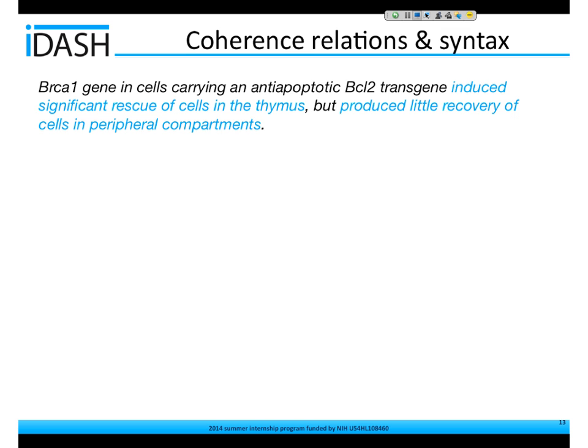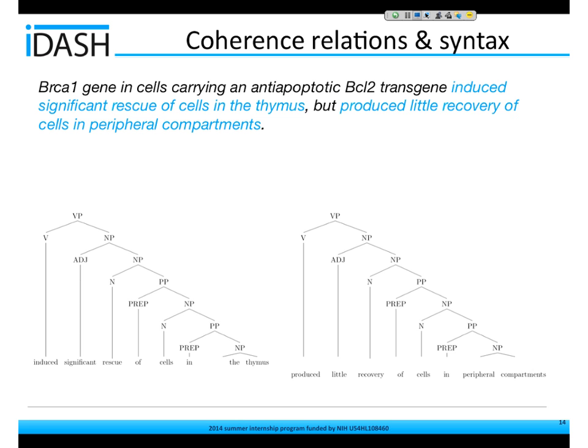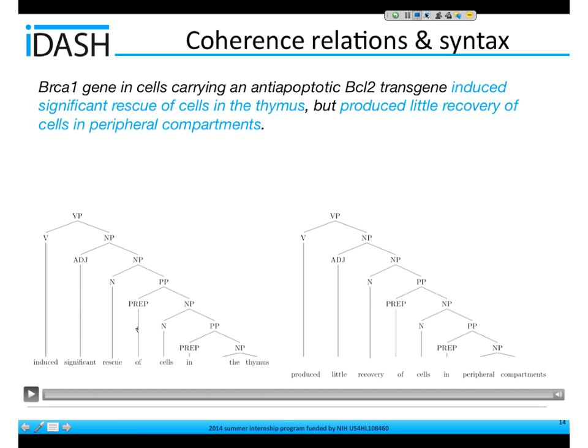So what does this look like? Returning to our example, we can actually put up the linguistic parse trees for each of these arguments. On the left side, we have induced significant rescue of cells in the thymus, and on the right side, produced low recovery of cells in peripheral compartments.